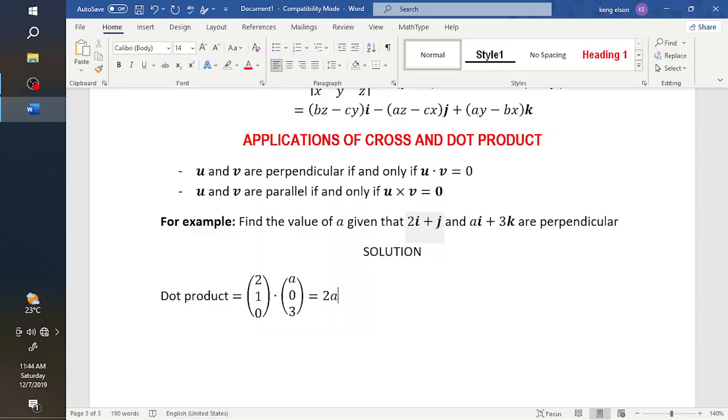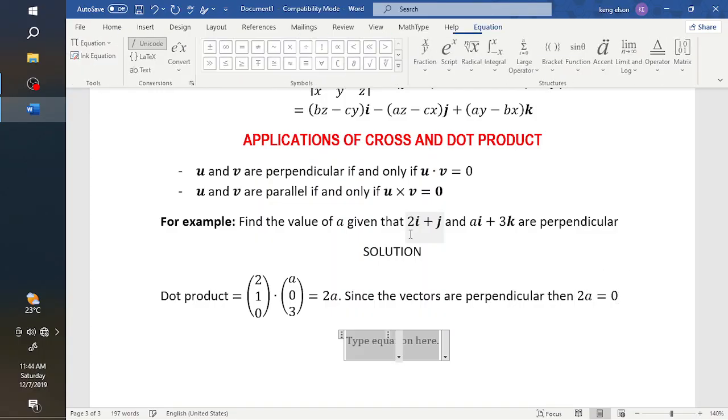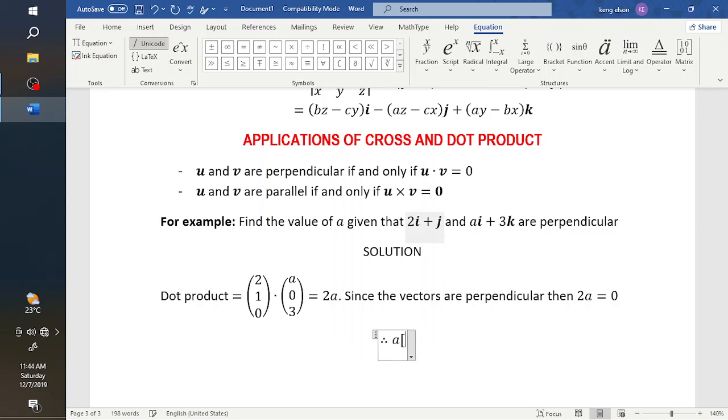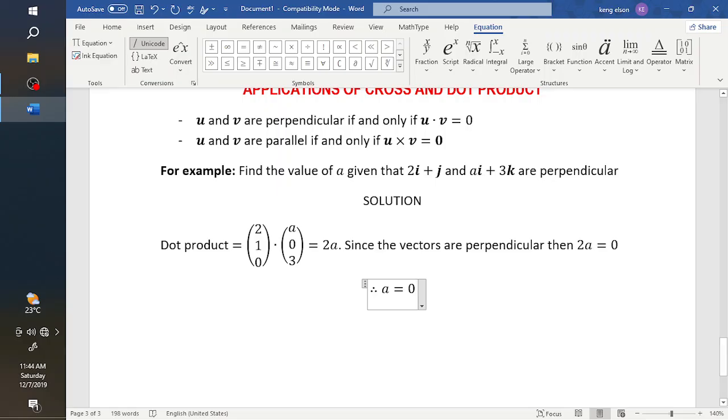Now since the vectors are perpendicular, then we have that the dot product, which is 2a, is equal to 0. Therefore, what is the value of A? A is equal to 0. So that is the value of A for which the two vectors are perpendicular.